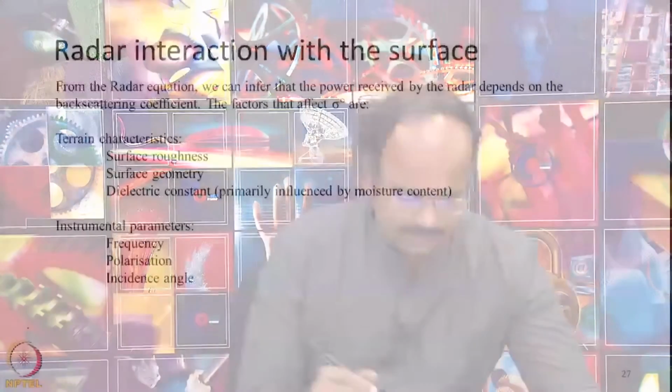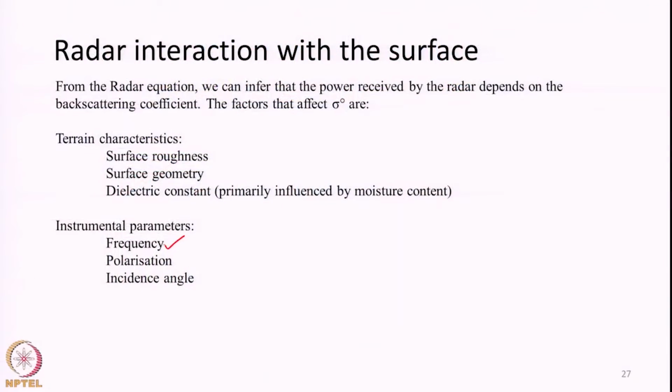Some of the important sensor characteristics that control this power reaching the sensor are the frequency at which the microwave signal is transmitted, the polarization of the signal that is transmitted and received, and the incidence angle at which the signal is incident upon the surface.